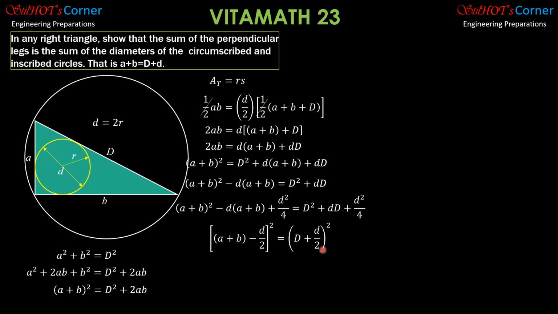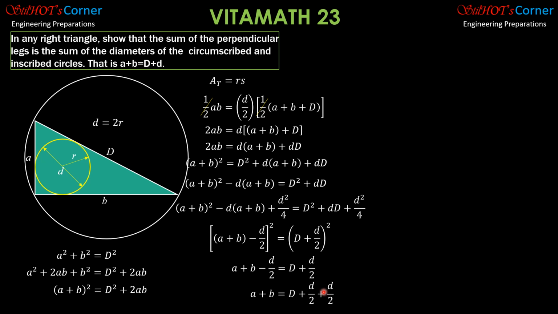We then extract the square roots. So the quantity a plus b minus d over 2 equals capital D plus small d over 2. We then add small d over 2 to both sides of the equation, leaving a plus b on the left side. And on the right side, we have capital D plus d over 2 plus small d over 2. And we then note that small d over 2 plus small d over 2 is simply small d.